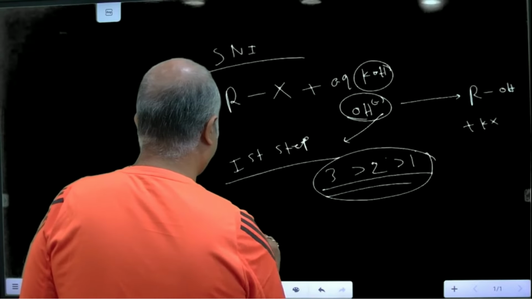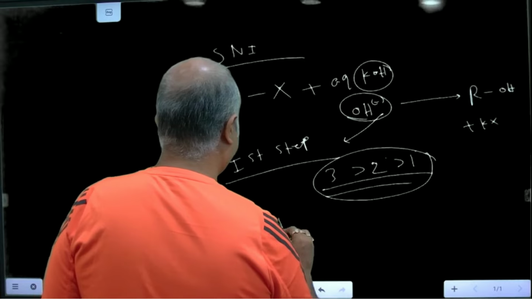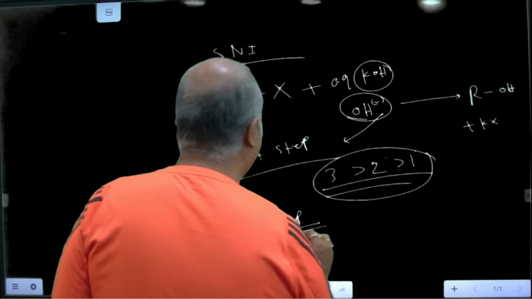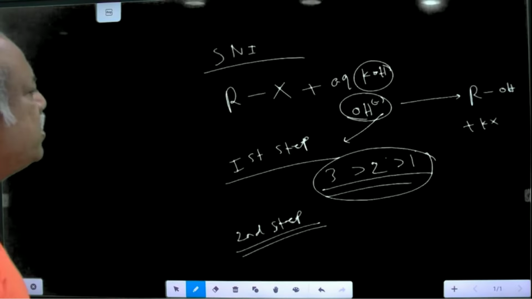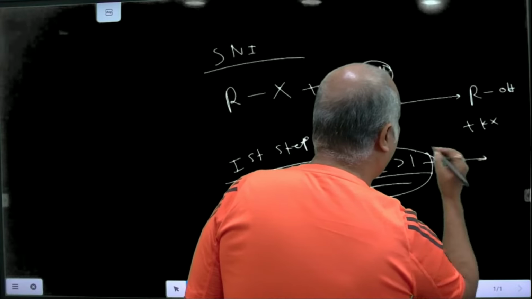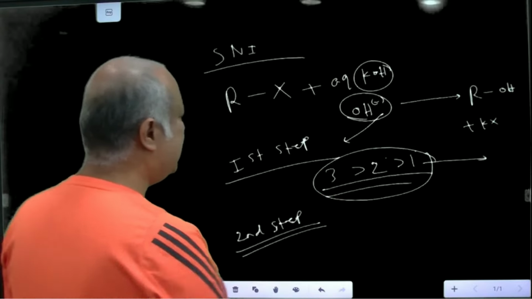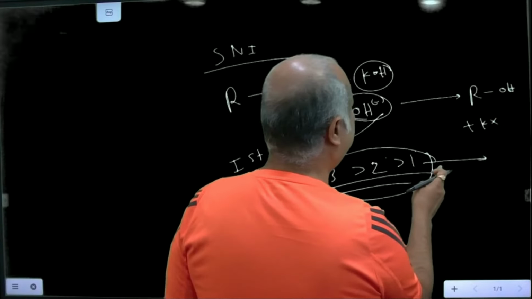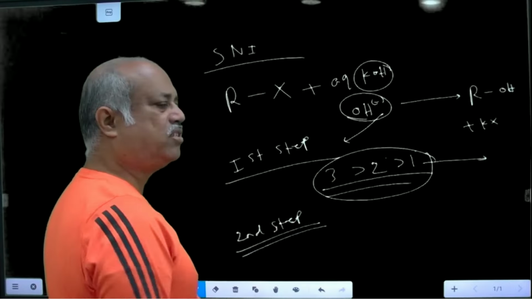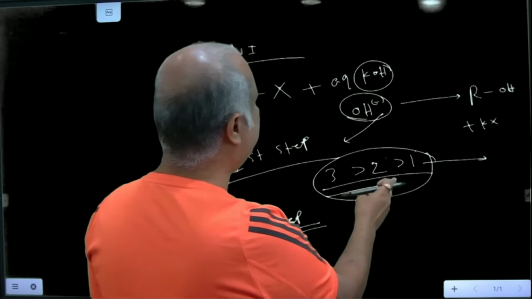Second step is the attachment of nucleophile. The first step is the slowest step and the rate determining step.